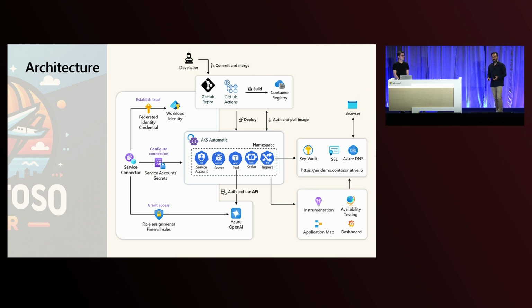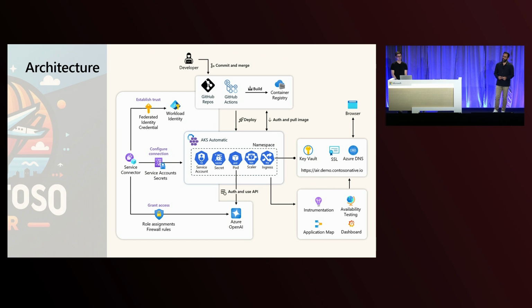Contoso Air uses GitHub Actions and the GitHub environment in general to write and deploy their code. We're going to be building that code into a container registry, and these container images are going to be running on an AKS Automatic cluster. We want to expose that application to the internet for our customers to use over Contoso's domain name with Contoso's SSL certificate.